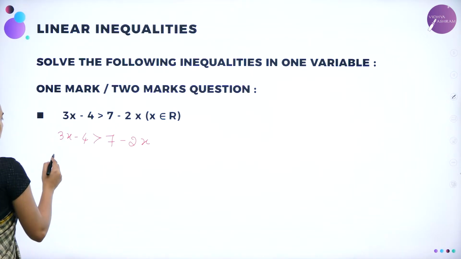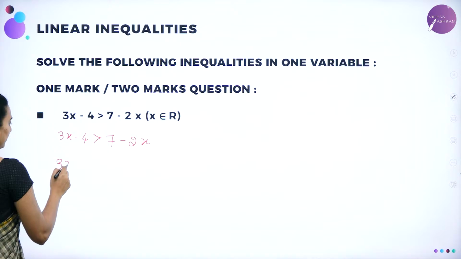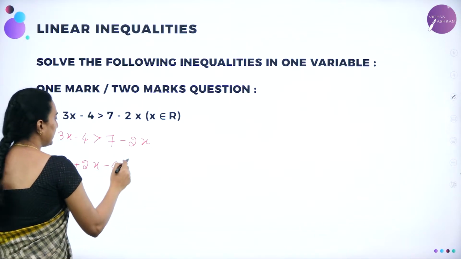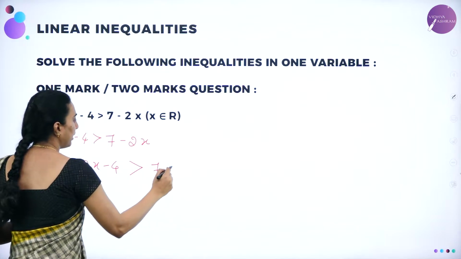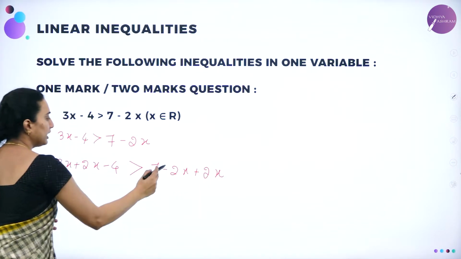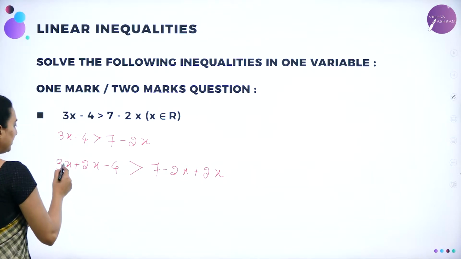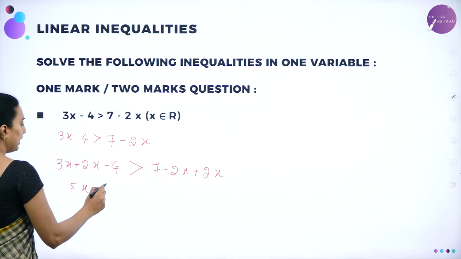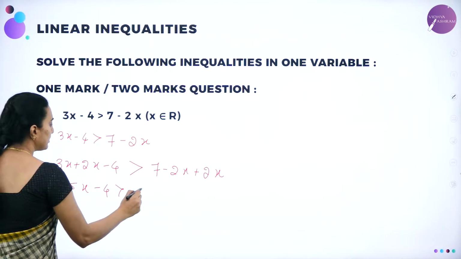If I add 2x, it will become 3x plus 2x minus 4 is greater than 7 minus 2x plus 2x. Now, minus 2x plus 2x will get cancelled. 3x plus 2x is nothing but 5x minus 4 is greater than 7.